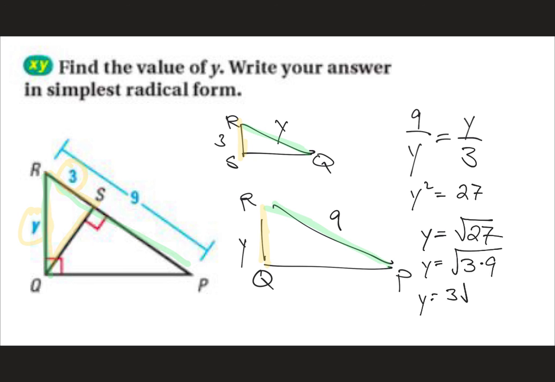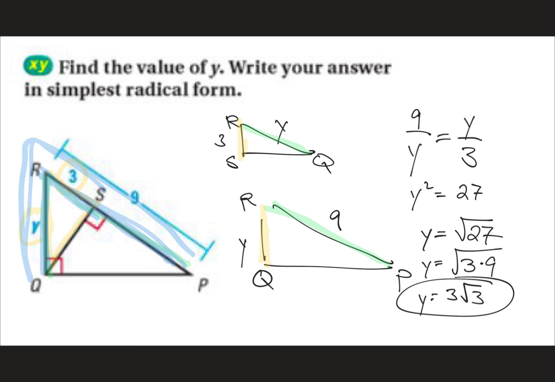Y is equal to 3 root 3. And let's go back to our original triangle and see how this proportion looks visually. So we said 9 over y is equal to y over 3. 9 over y is equal to y over 3.